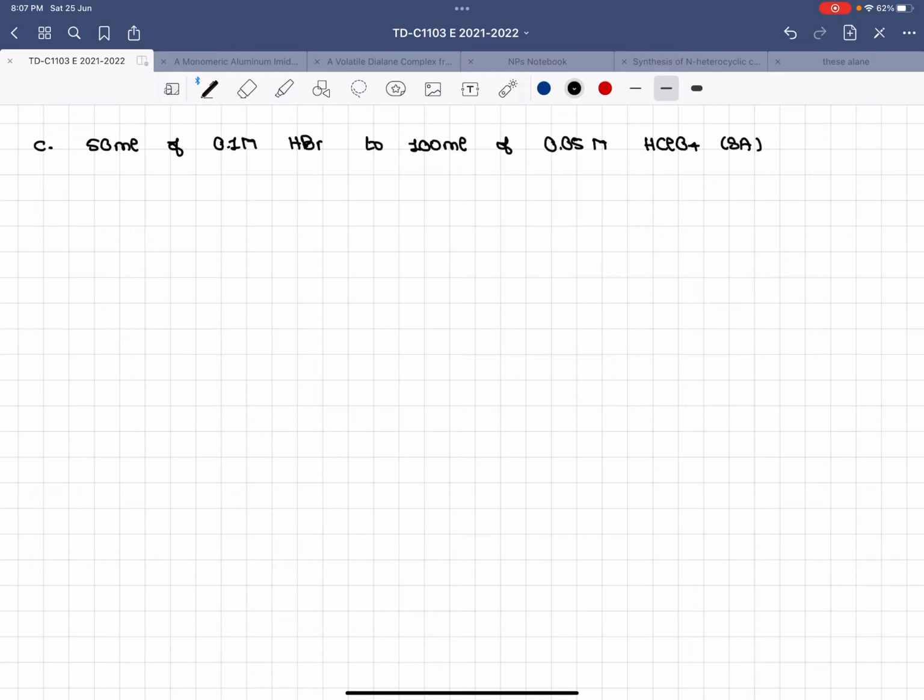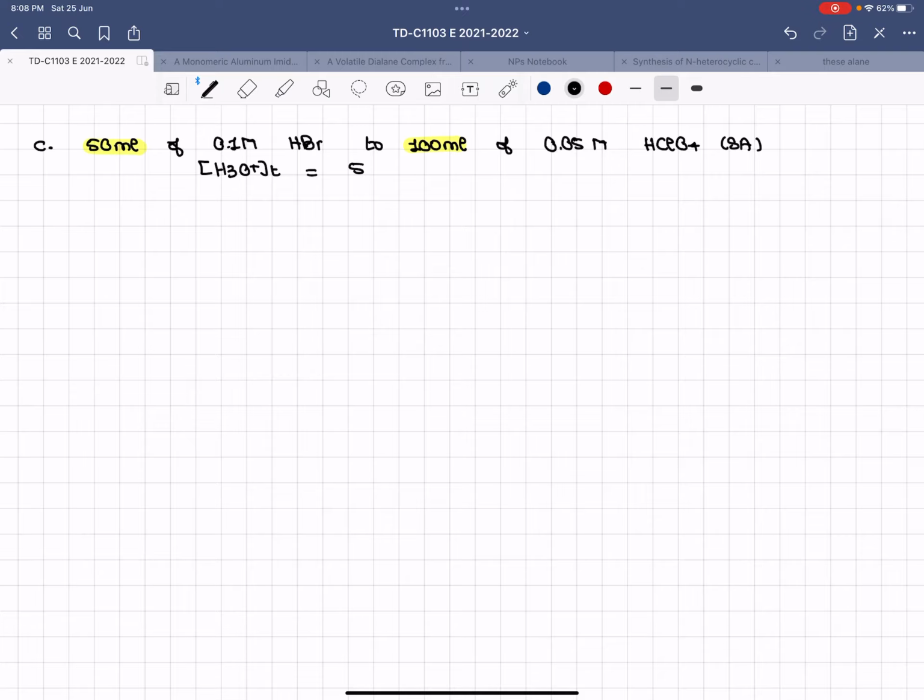But be careful. 50 plus 100. Both acids now exist in 150, not in 50, not in 100. So you find the total concentration of H3O plus coming from HBr.